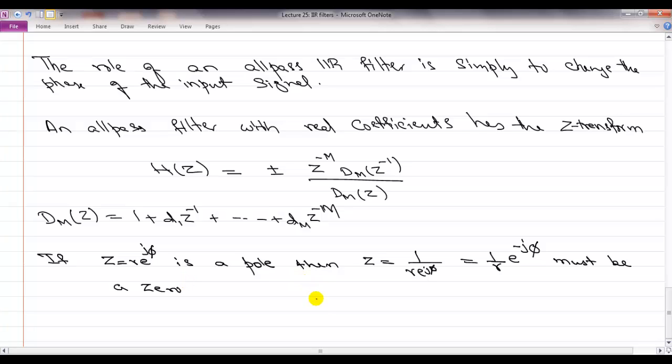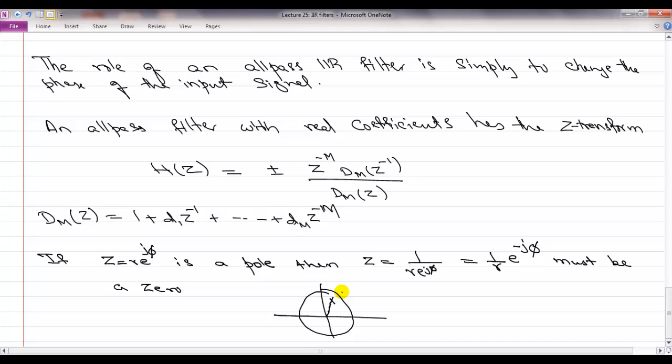So if I have a pole zero diagram and I plot a pole here which is at distance R, I'm only concerned with stable filters, so the R of this pole is less than 1. So what is 1 over R? It is of course greater than 1.